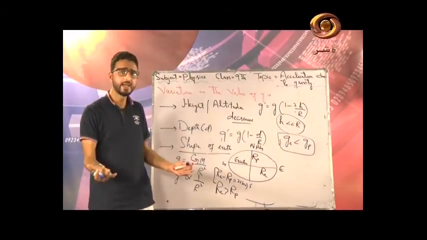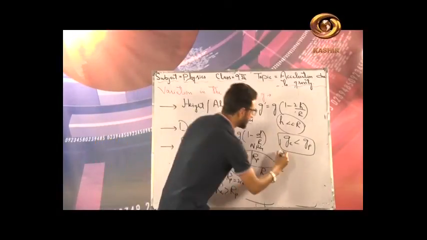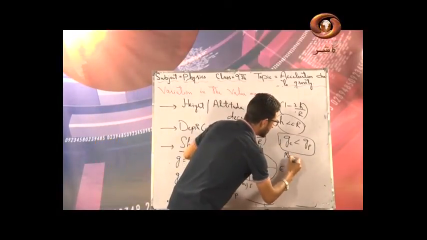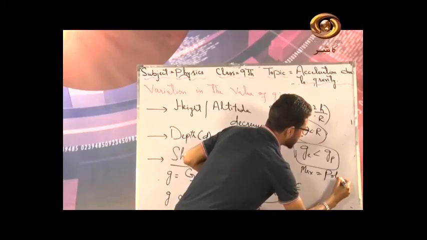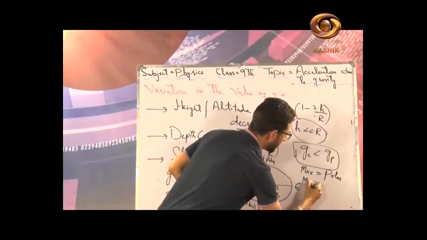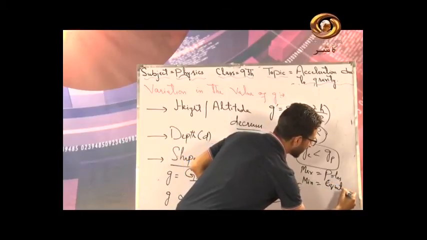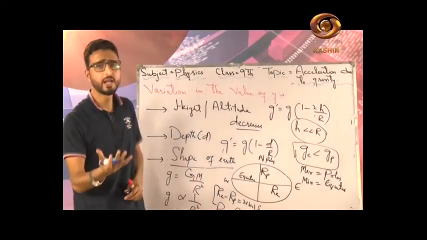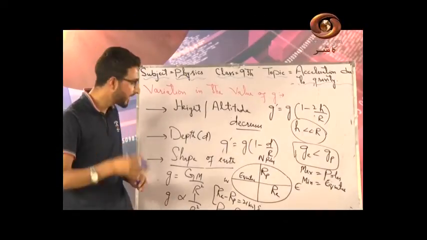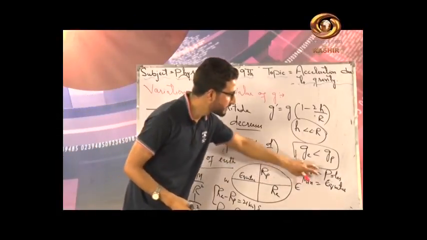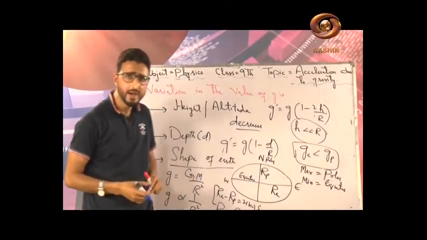Can I say it like this, acceleration due to gravity is maximum at poles, and g is minimum at equator because of the difference of equatorial and polar radii, right? So g is maximum at poles and minimum at equator.